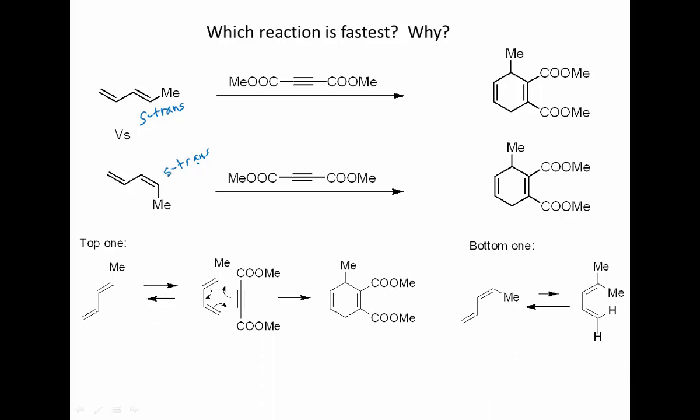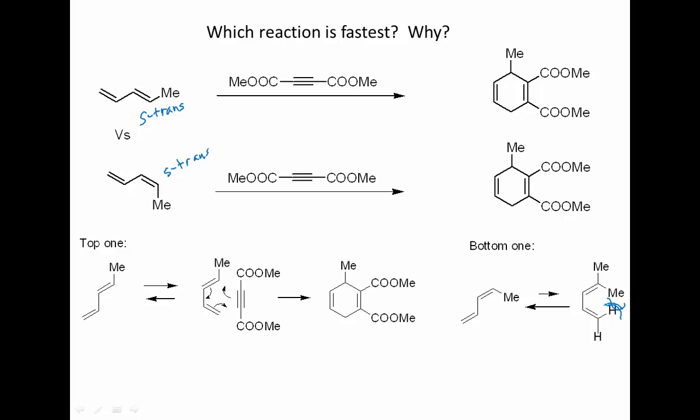All right, the top one, no problem. It's not any more strained, or the S-cis isn't any more or less stable than the S-cis isomer of 1,3-butadiene. Okay? But the S-cis here has a serious steric problem.